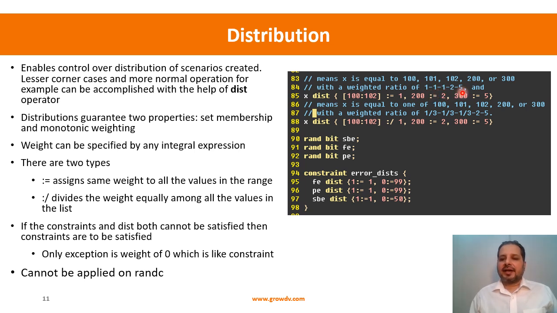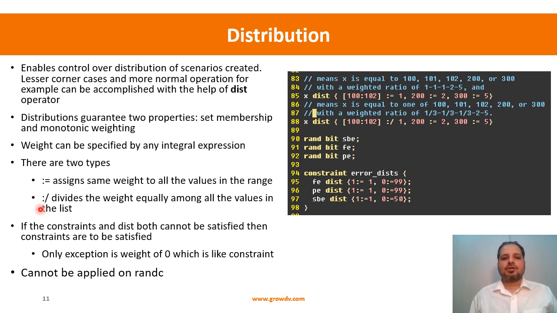If I generate 10 samples, can I guarantee that I will be able to see all the values with this particular weight? That is the question. With a small sample size, it may or may not happen, but what it guarantees is that when you generate a statistically significant number of samples, you will see approximately this particular weight holding up. That is what this guarantees. If you use a very small sample size, then there is no guarantee that you will exactly see these weights.